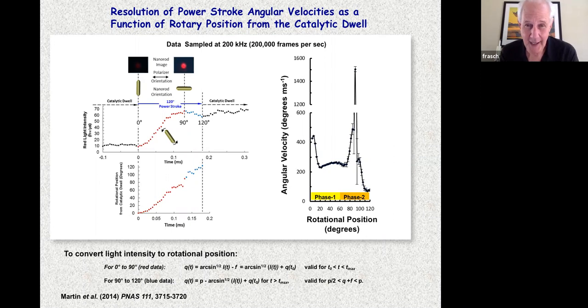Now it is very high, and there are conditions used in those experiments that conclude 100% that are fairly convincing. But when the motor is running on its own, not slowed down by drag imposed by a huge probe to see the rotation, it's definitely not going at the same speed throughout the power stroke.